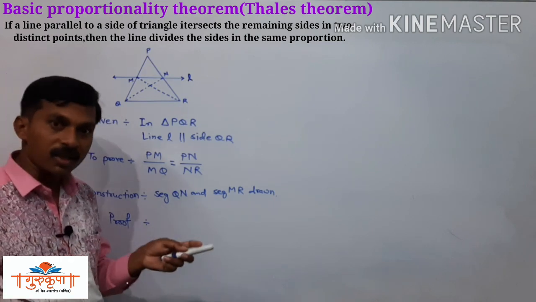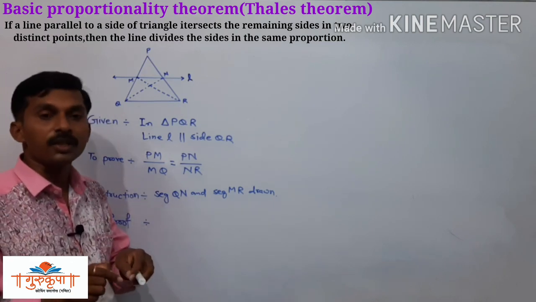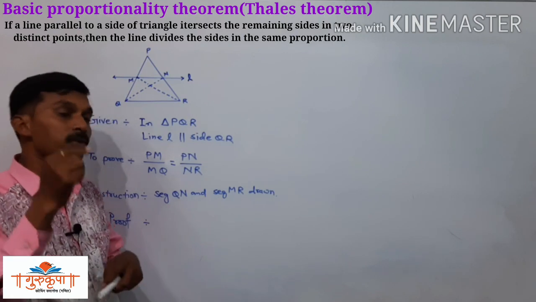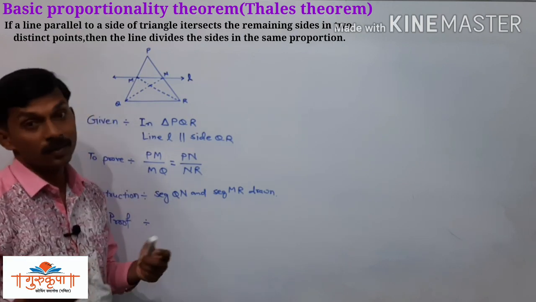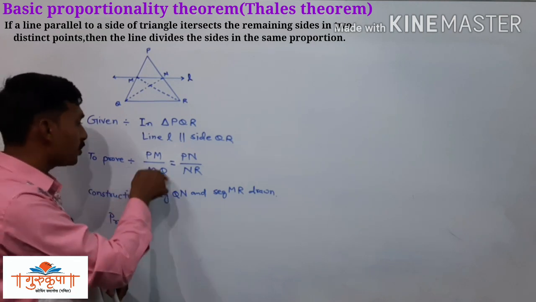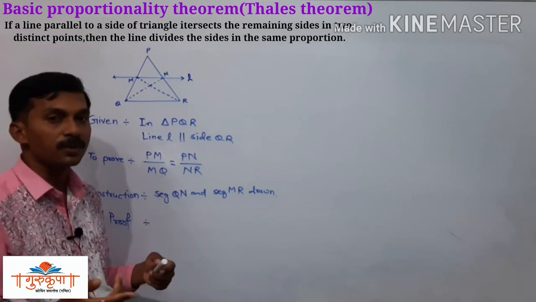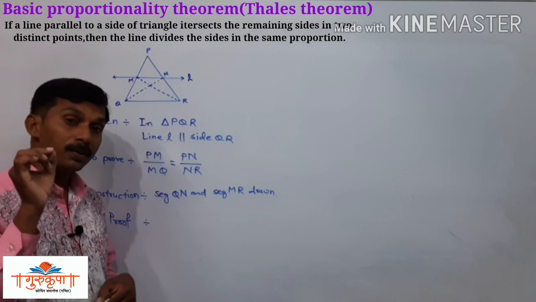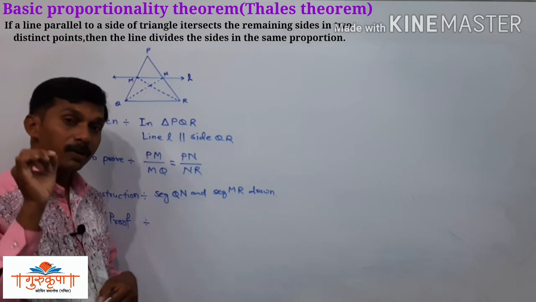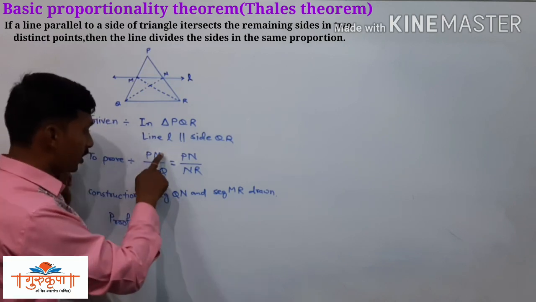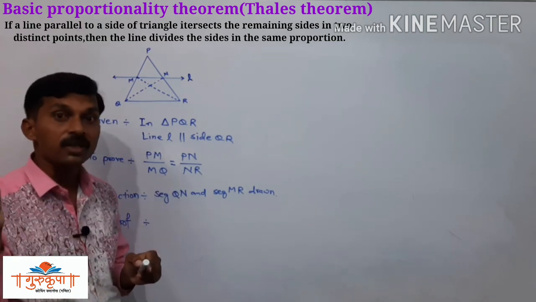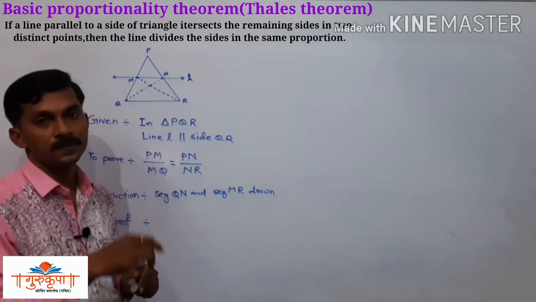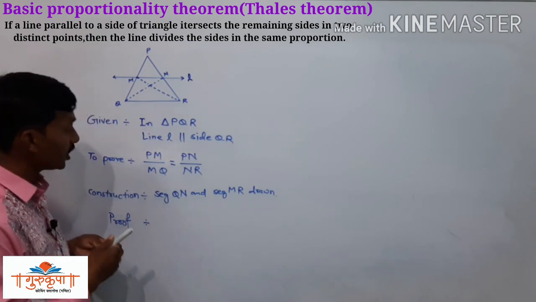If two triangles are having equal height, then the ratio of the areas of those two triangles is equal to the ratio of the corresponding bases. And here we have the ratio of the bases, that is PM upon QM. So we have to fix two triangles such that their bases are PM and QM and also their height is common. So we will select the two triangles.